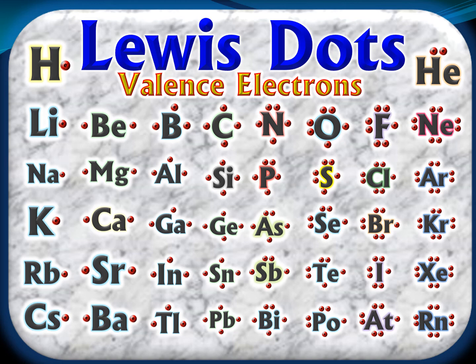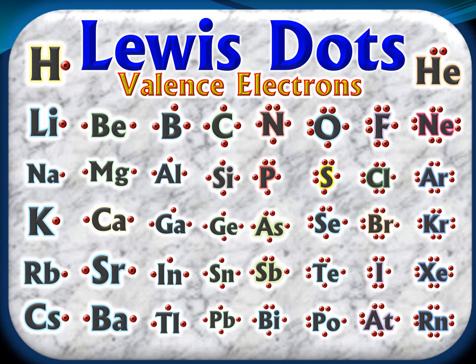We'll talk about that later. Boron got disowned by its family. There are 3 dots on 3 different sides. The carbon family, the next one over with a C on the top, has 1 dot on all 4 sides. Think of it as being 4-sided, like a square, and that the dots can go on the different sides.